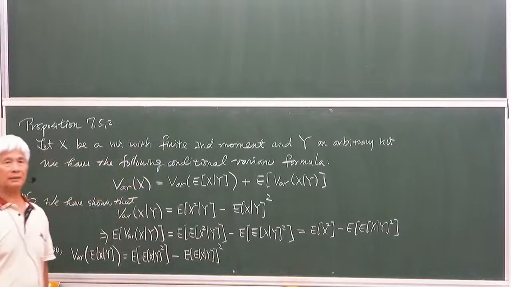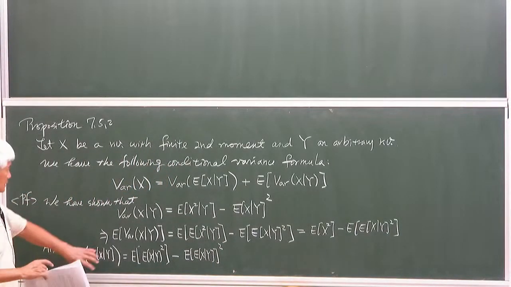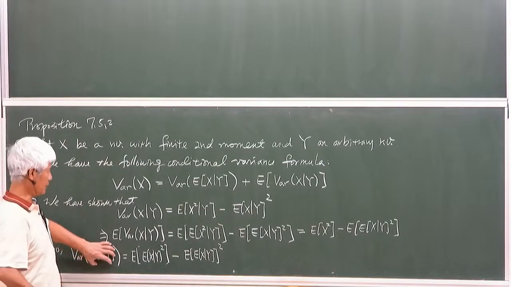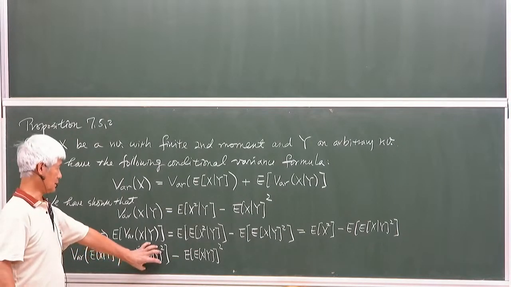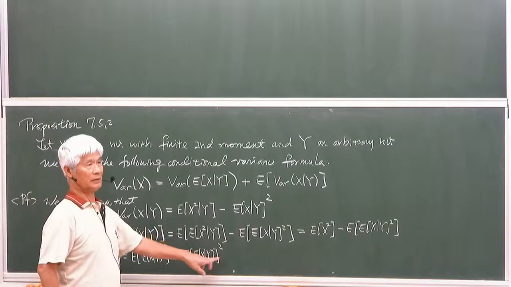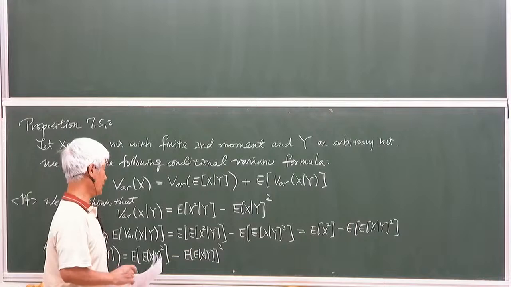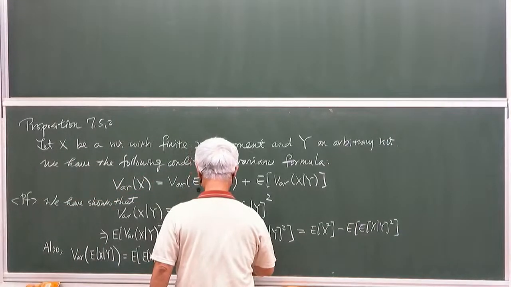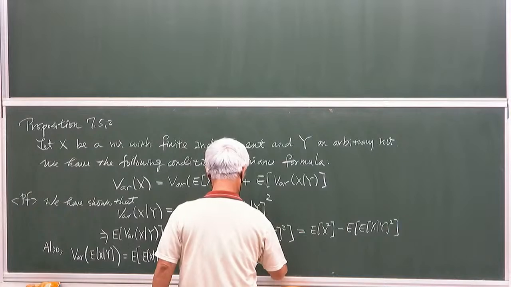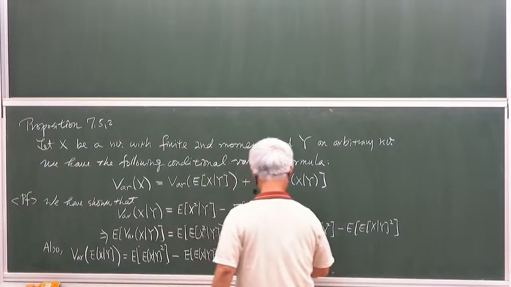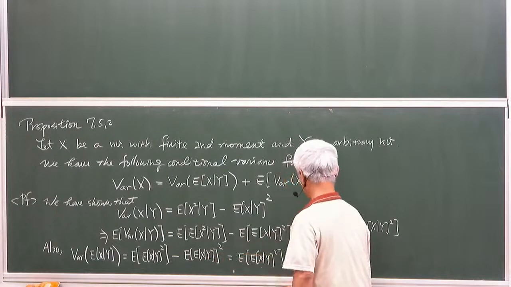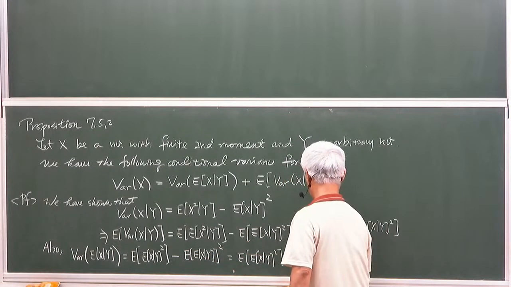Because this is a random variable, the variance of a random variable is the second moment of this random variable minus the square of its expectation. And the expectation is the expectation of X, and the square.